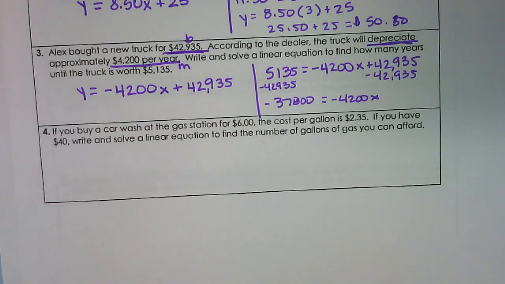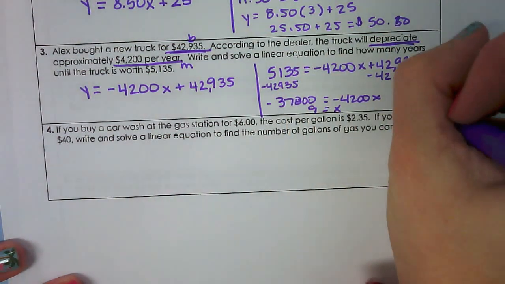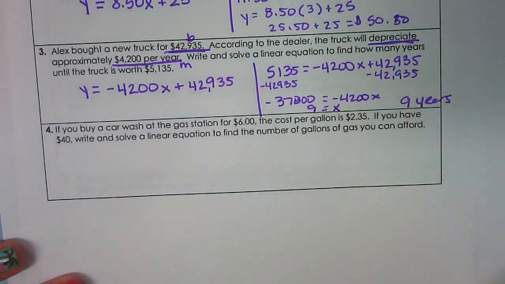So we do that in our calculators: negative 37,800 divided by negative 4,200. So 9. So this is going to be 9 years.